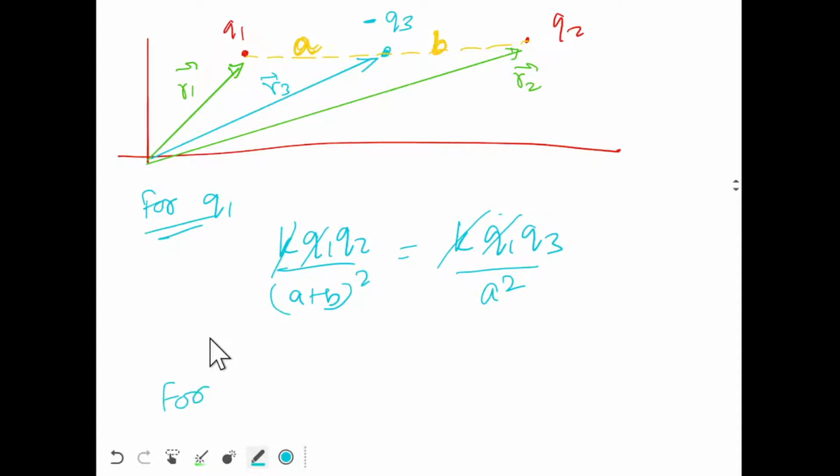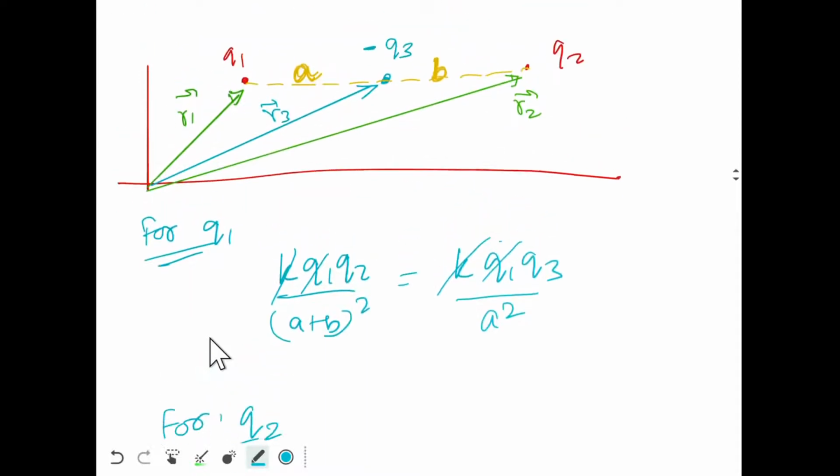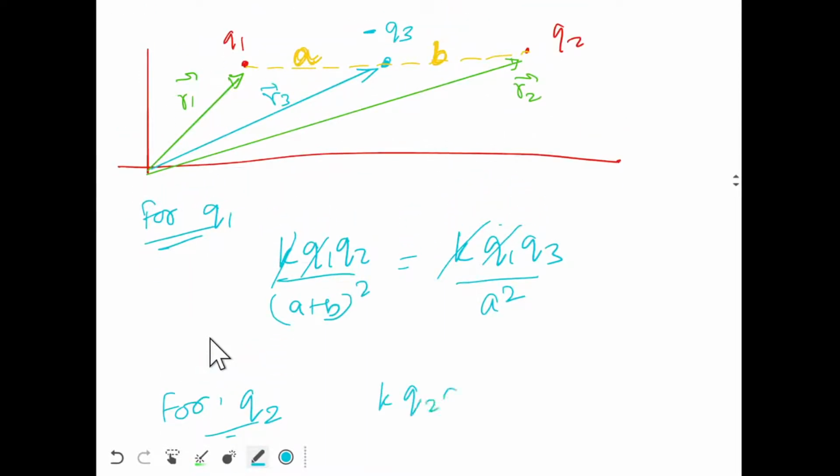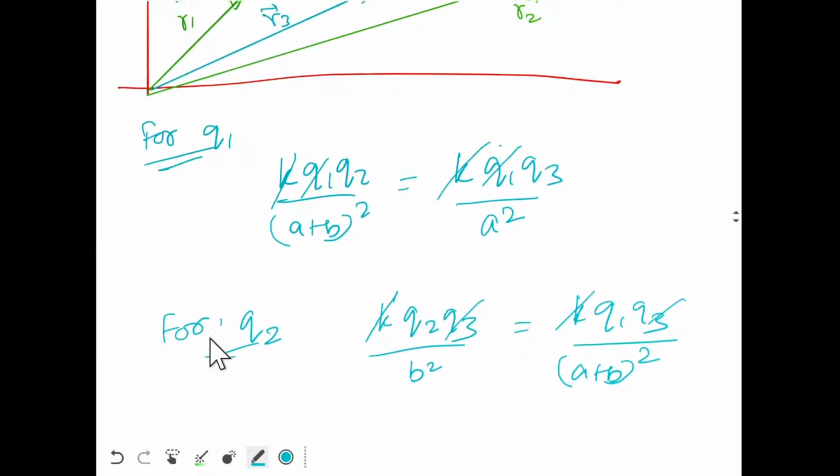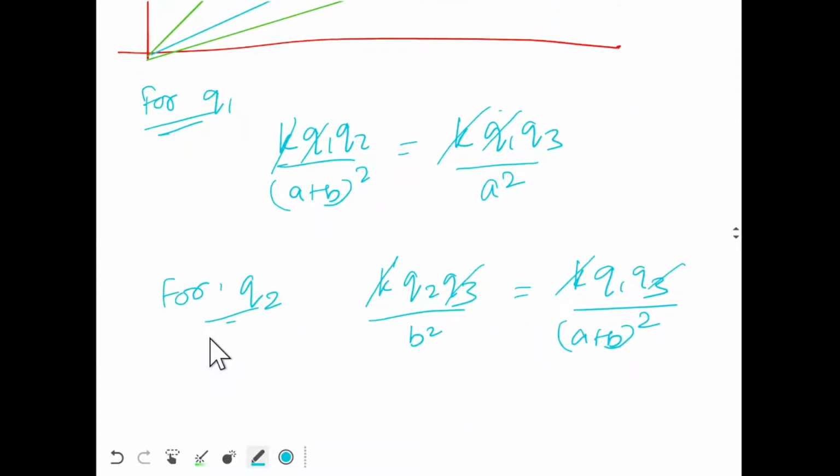Then for q2, similarly you will get k q2 q3 by b square equal to k q1 q3 by (a plus b) whole square. So k will cancel out, q3 will cancel out. So we get one more relation between q2, q1 and b and a.